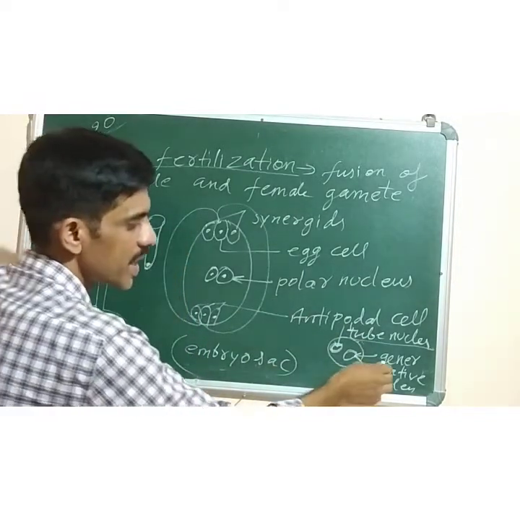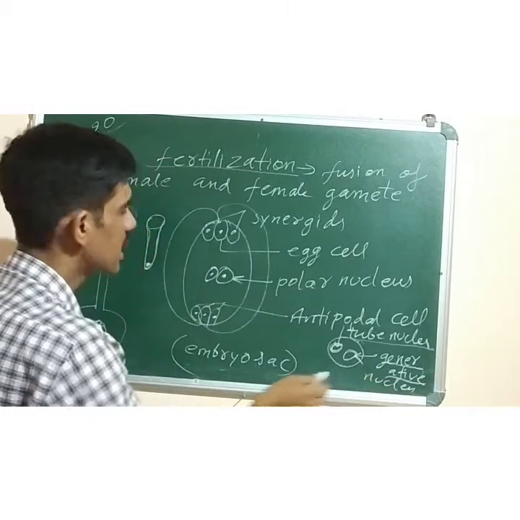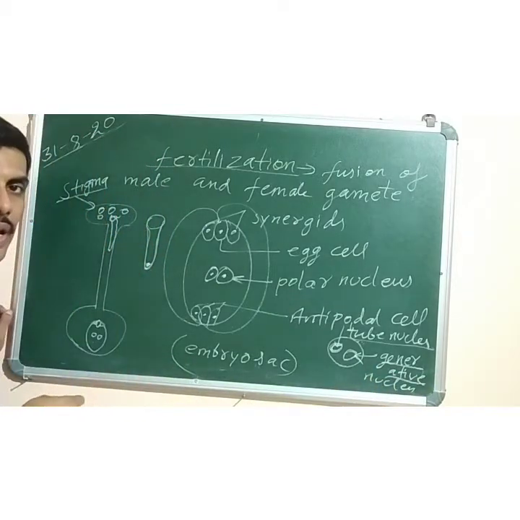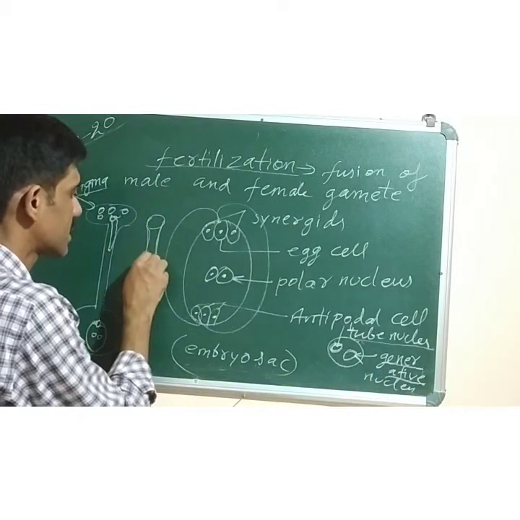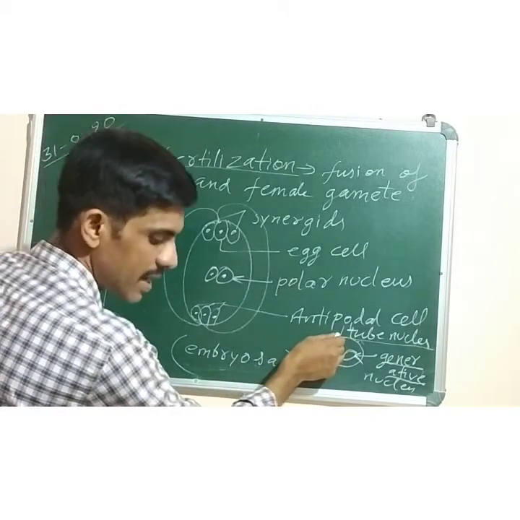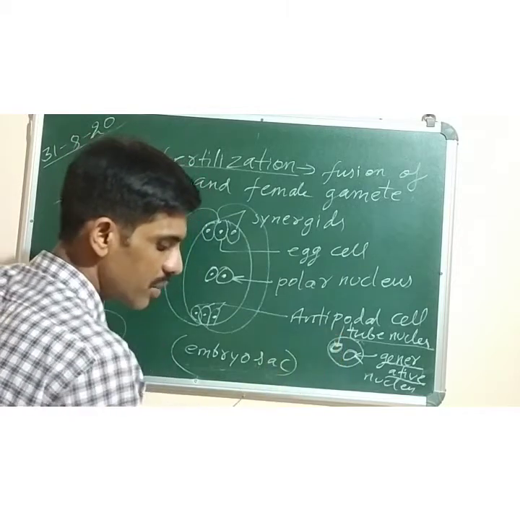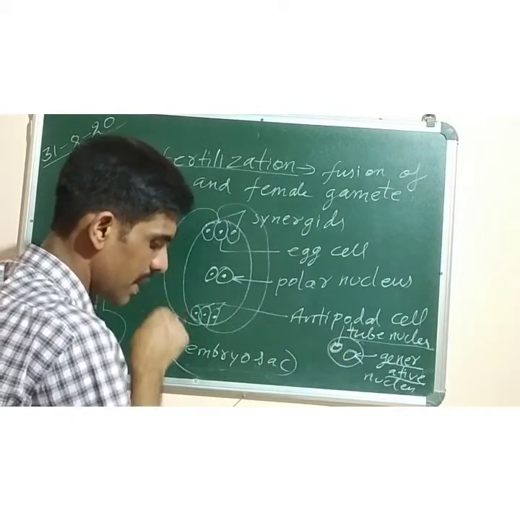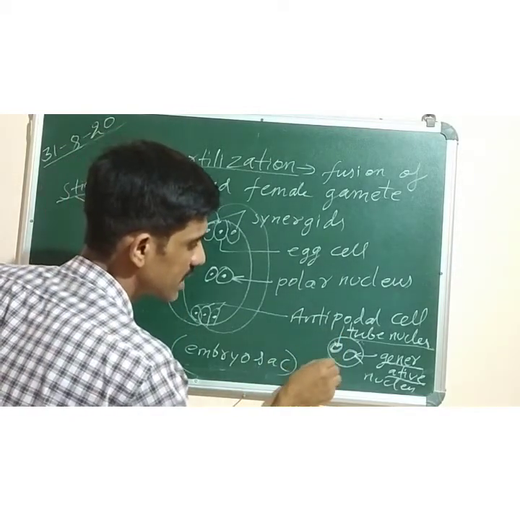And the function of the generative nucleus, the second nucleus, is to form the two male gametes. It is behind it. And then you will find that there is a covering around it. The outer cover is called exine and the inner one is called intine. So this is the intine layer.